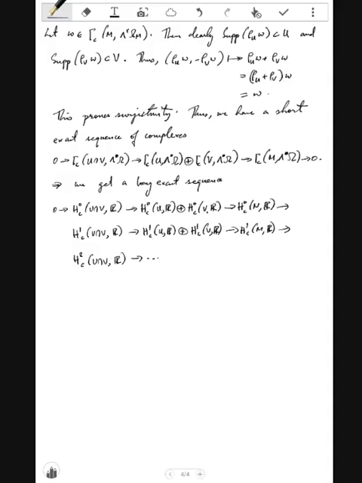So this is the Mayer-Vietoris sequence for compactly supported cohomology.